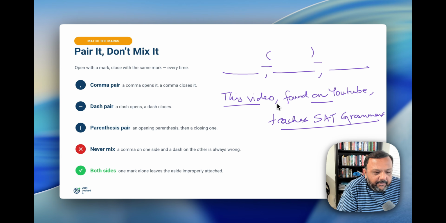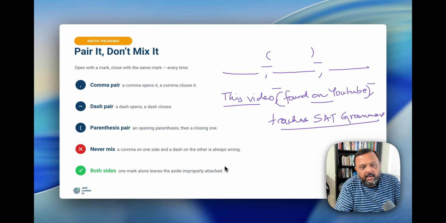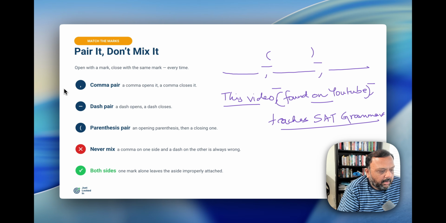So they call it a comma sandwich. Or you could also separate this by a pair of em dashes, right? So then this becomes a dash sandwich. Or you could also just put this in parentheses, right? So this video, within parentheses, found on YouTube, teaches grammar, all right? So any of these could be used.